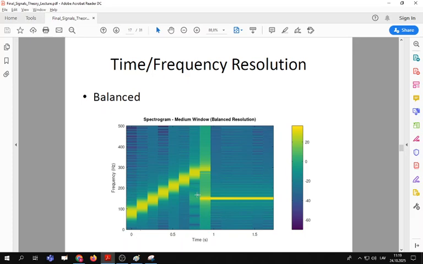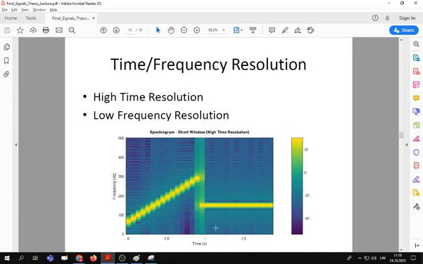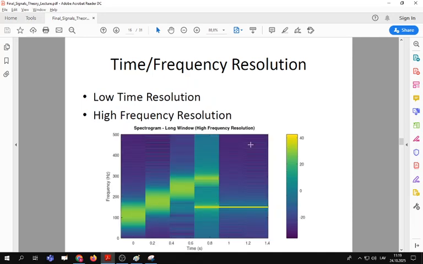Now here we try to do something balanced, yes? So we get one good enough and another good enough. This is our attempt to balance things out, which may or may not be so successful, because here we did have quite good time resolution but very bad frequency resolution. Here we had very good frequency resolution.